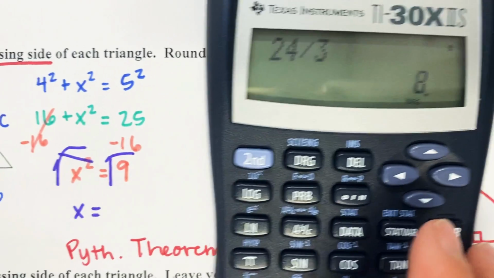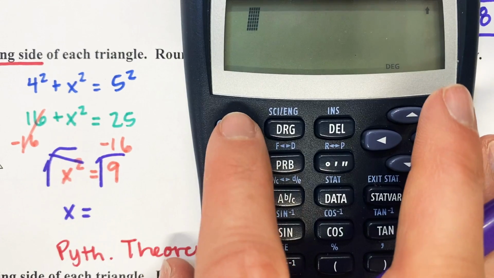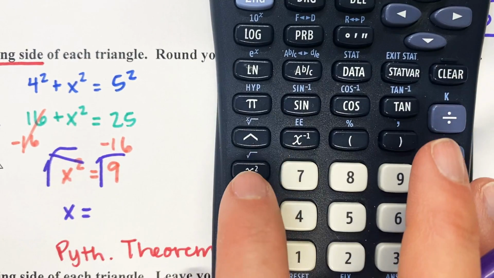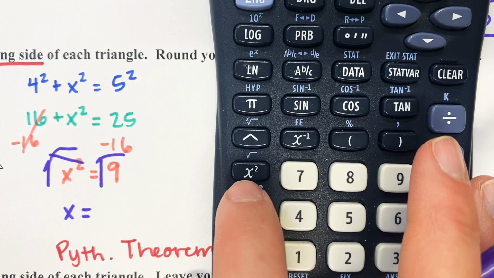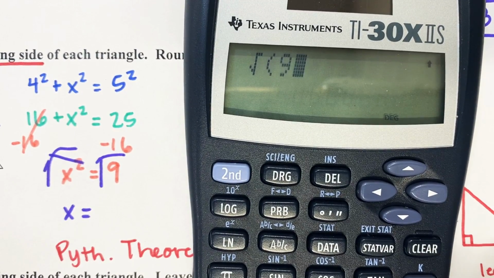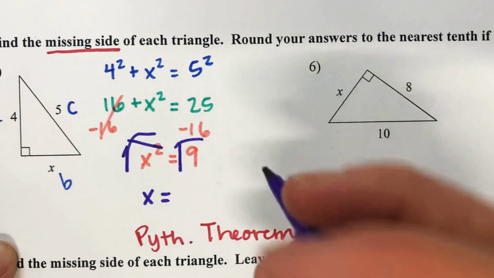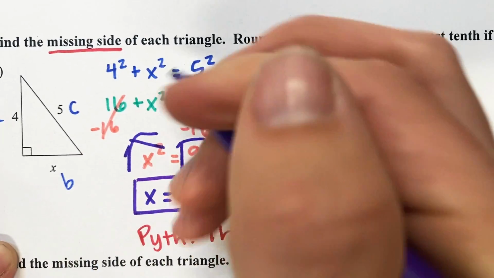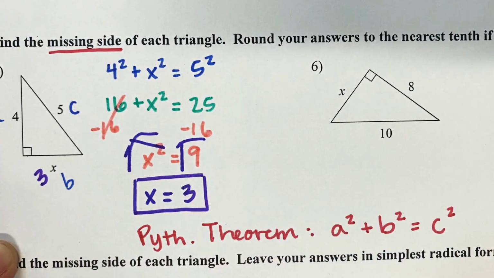If you can't think of this off the top of your head, remember our calculators have a little button: click second, and then go all the way down here. There's a little square root symbol over the x squared button, so press that. Then you can type in 9, and that's going to give me 3. So my x equals 3, or in other words, my missing side was 3.